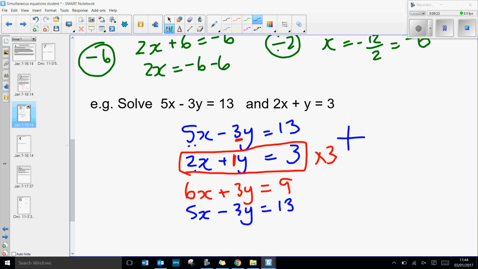I can then double check that my signs are as I want them. So I have positive 3y and negative 3y, so that's great when I have my box around them. When I add them, because this is plus 3 and this is minus 3, they will disappear. So this is where I can do my adding.